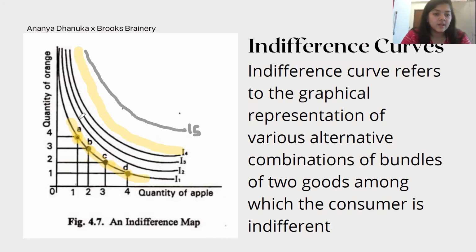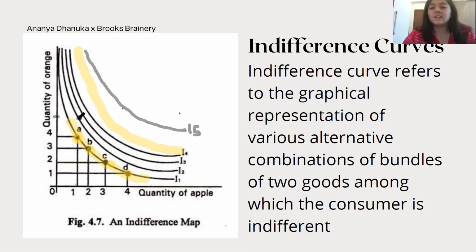If, let's say, I were to take this point here, this will probably be 1 unit of apples but 6 units of oranges. So it's giving me a greater satisfaction because while the quantity of apples has not declined, the quantity of oranges has increased. It's a Pareto superior allocation.